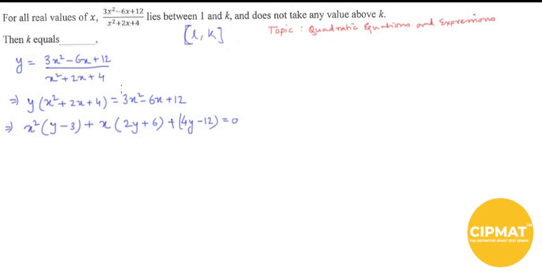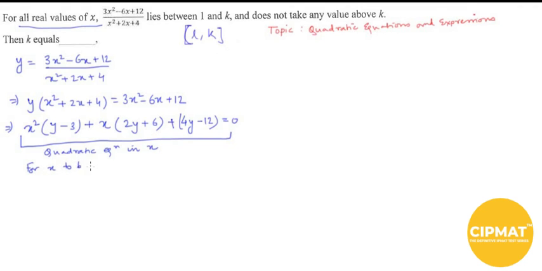Now if you observe carefully, we can see that this over here is nothing but a quadratic equation in x. Now in the question it is given for all real values of x. Now for x to be real, we know that the discriminant should be greater than or equal to 0, as I have discussed a few minutes ago.